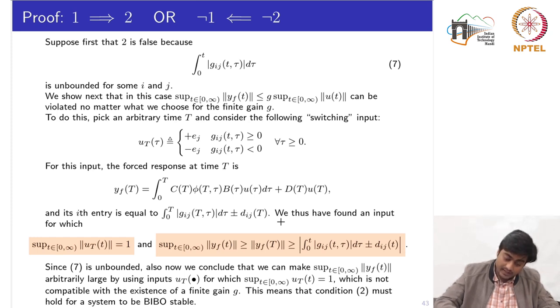So this means that this condition must be true to ensure that there exists a gain G for which the system is BIBO stable.